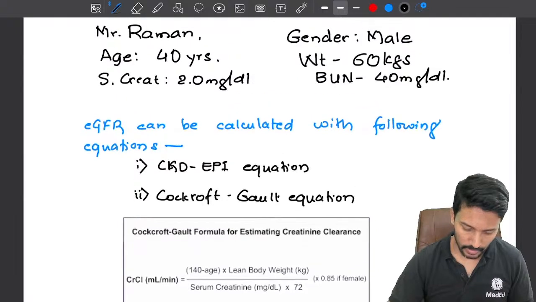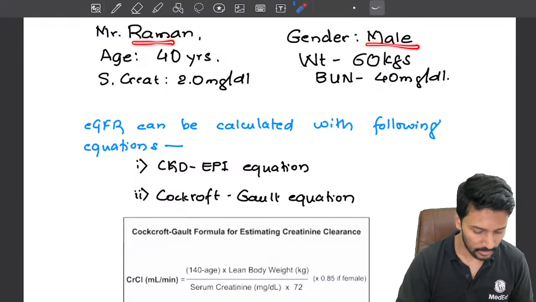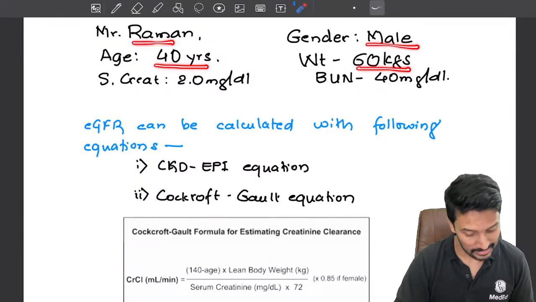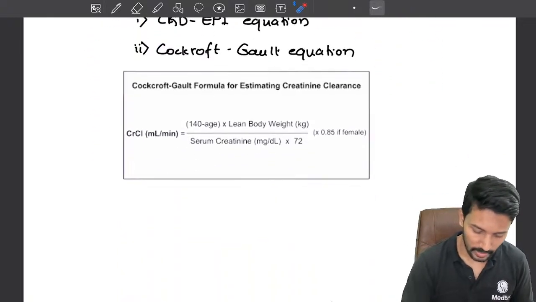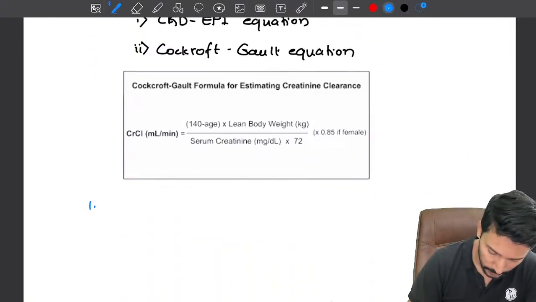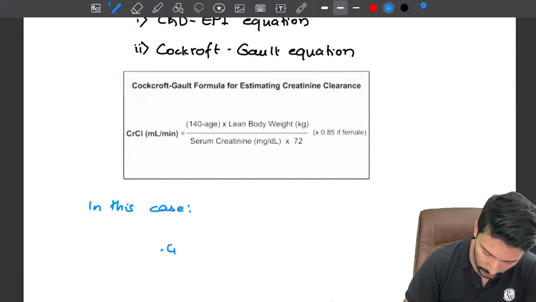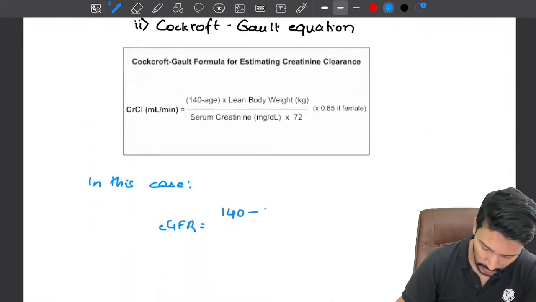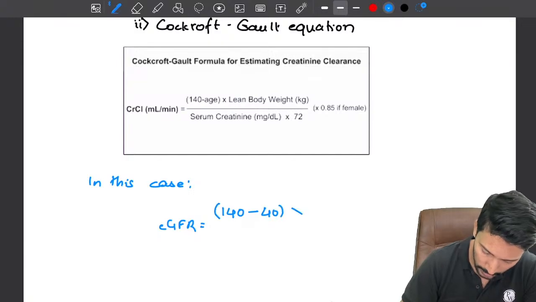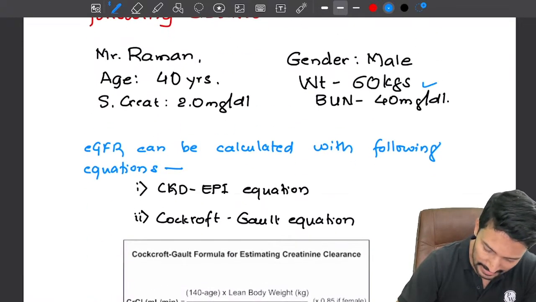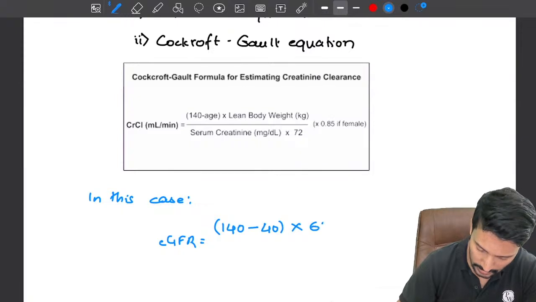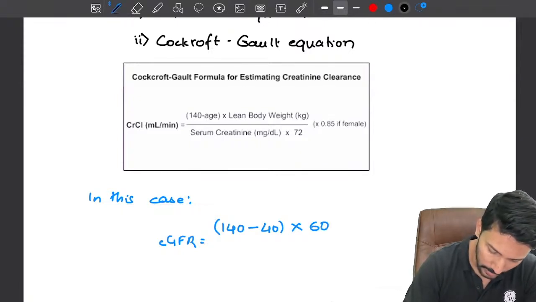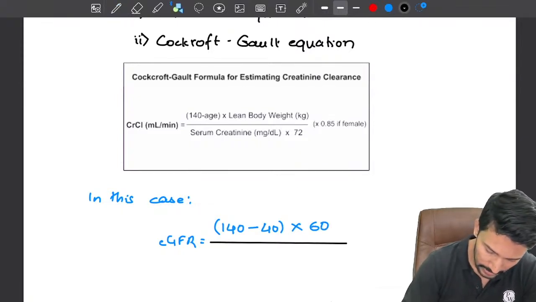Okay, so now let us put those details in this question. So age of the individual here, Mr. Raman, he is male, he is 40-year-old, his weight is 60 kg, creatinine is 2. So let us employ that for this question. In this case, estimated GFR would be, according to Cockcroft-Gault formula, 140 minus age of the person, which is 40 years, into his body weight, which is 60 kgs, divided by serum creatinine into 72.